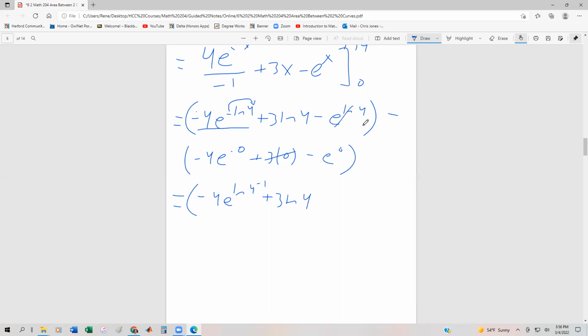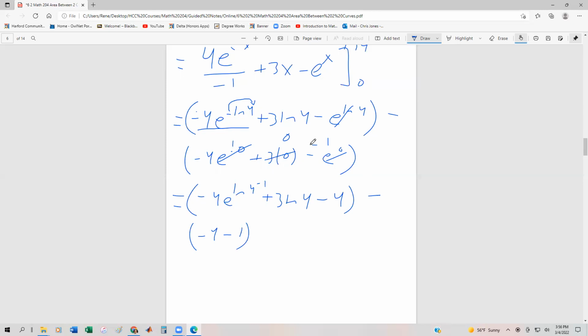We know that e's and ln's cancel out, so this is going to be minus 4. And then minus negative 4, because e to the 0 is 1. This goes to 0, and this is going to be a negative 1.